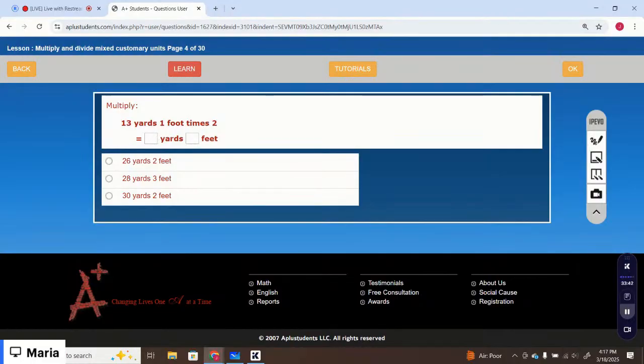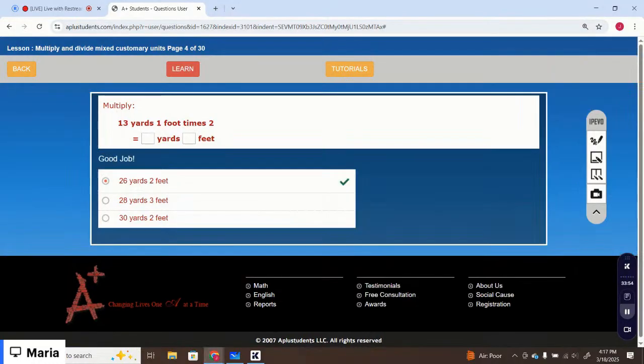You have to multiply them by 2, right? 13 times 2 is 26 and 2 times 1 is 2. So that is 26 yards 2 feet. Option number 1 is the correct option.